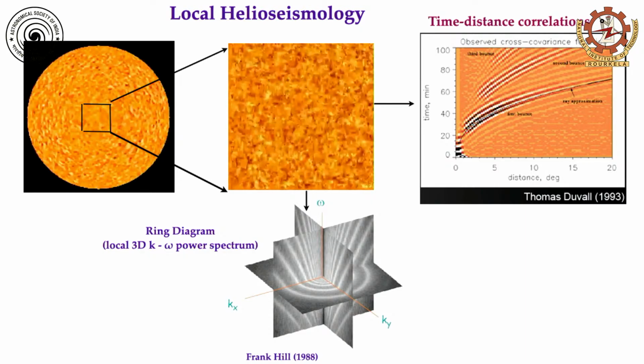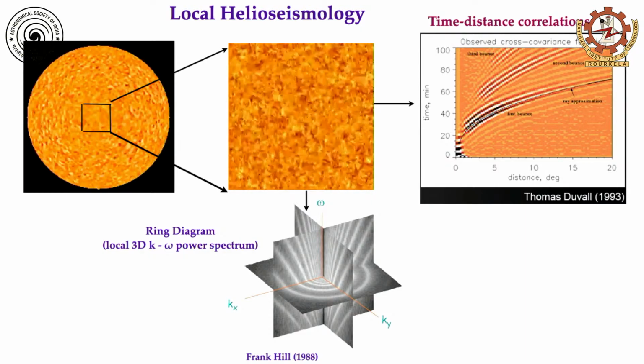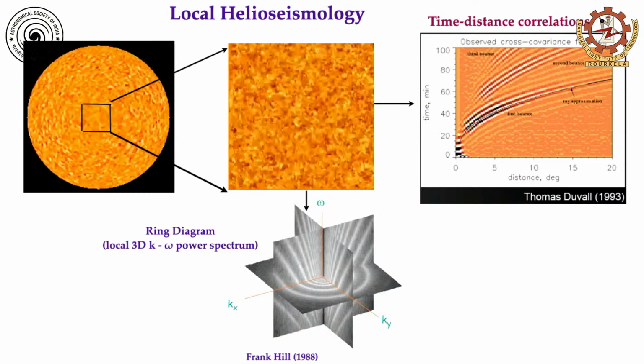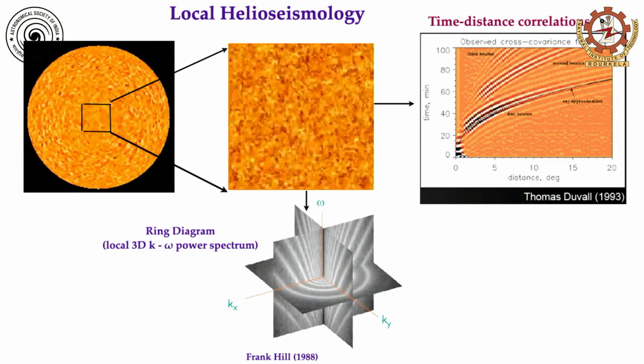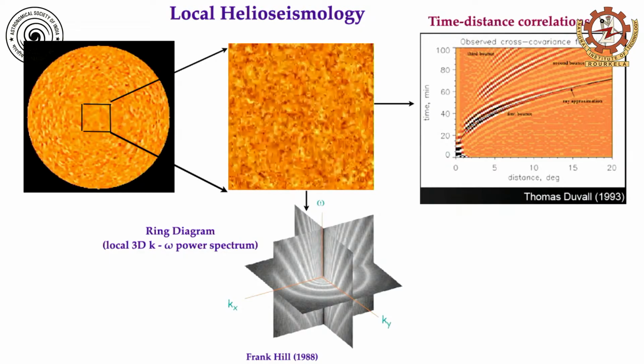One is called time-distance helioseismology, where you correlate two points in this Doppler field, separated by a distance, and you do a temporal cross correlation, and you can measure travel times as a function of distance. That is what I use most of the time to study this meridional flow. Another technique is called ring diagrams, which was used by Basu and Antia to measure the surface meridional flow.